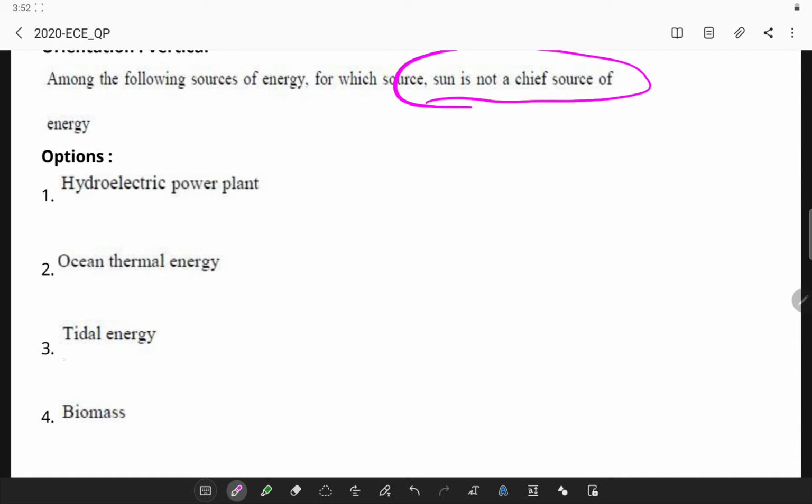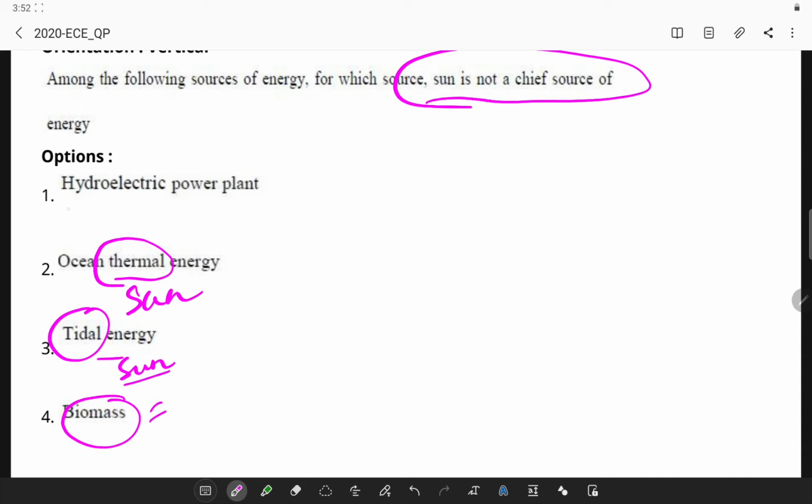If you observe the options, thermal is related to sun, wind is related to air which is movement due to the sun, next biomass is also related with sun, but hydro is related to water.